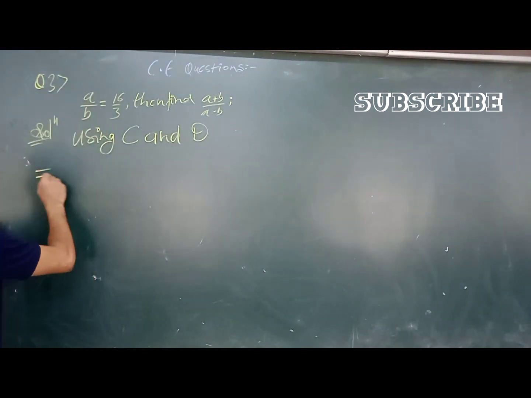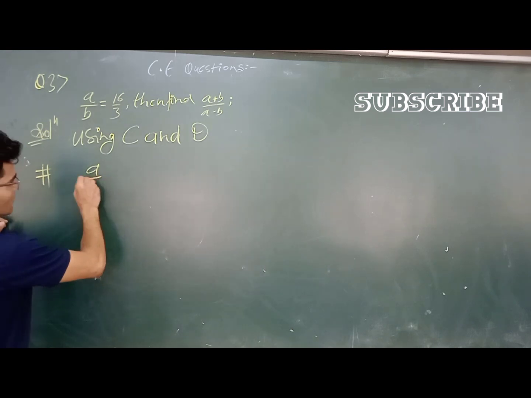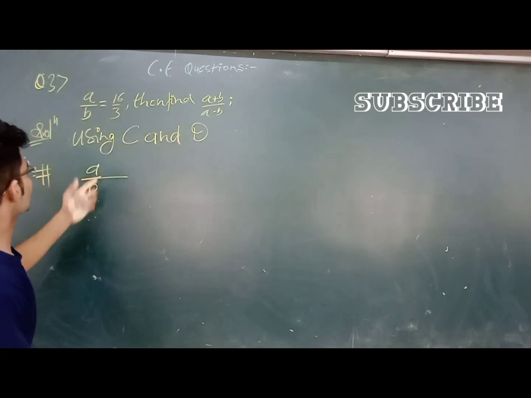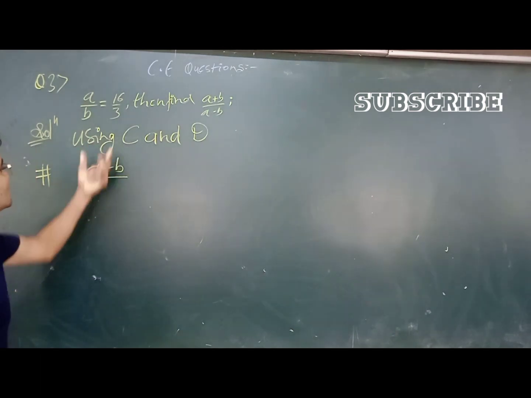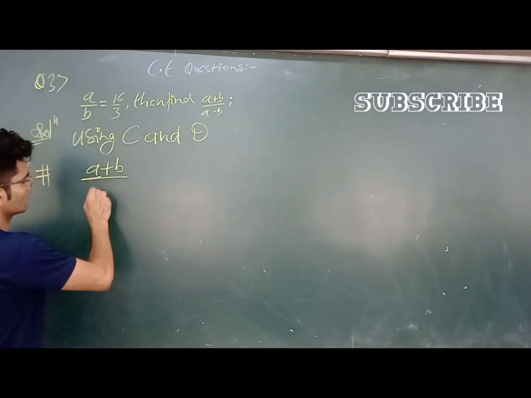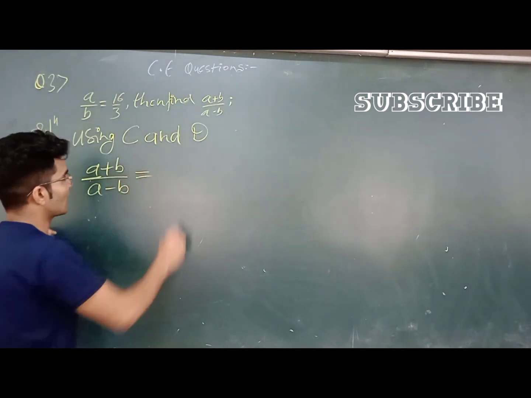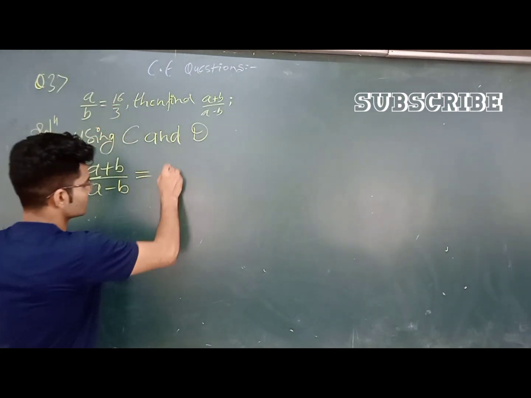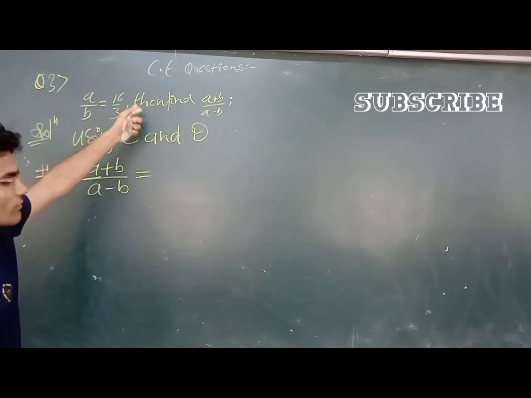So first, in our question, a over b, we have to apply componendo. So a plus b over a minus b, then throughout the equation 16 plus 3 over 16 minus 3.